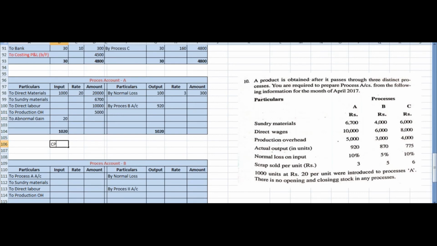Cost per unit, find it quickly. 31,700 minus 300 divided by 900, that is 46. 46 comes, sir, correct.